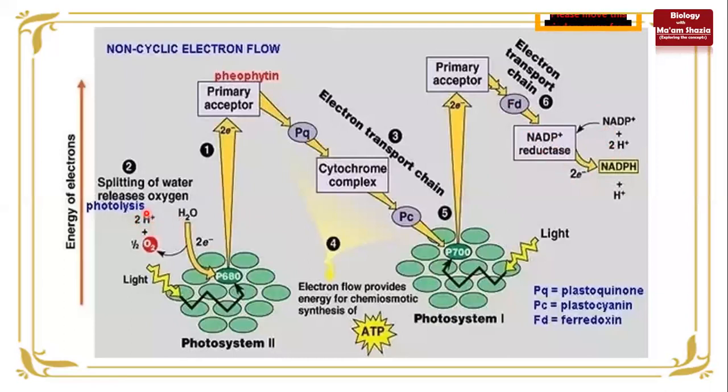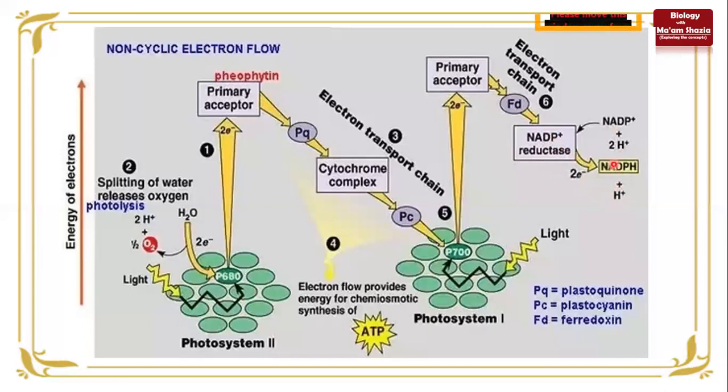These same hydrogens are going to add into NADP. So the NADP, the two H and the two electrons combine in the presence of the enzyme NADP reductase, because it adds hydrogen and adds electrons as well. That's why this enzyme is named NADP reductase. And the final product is NADPH.